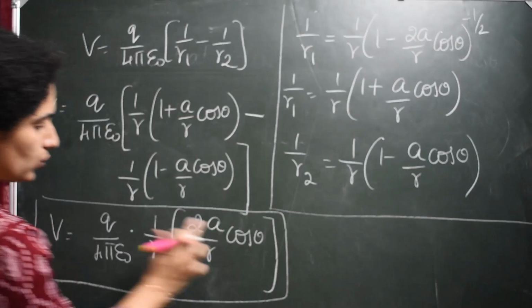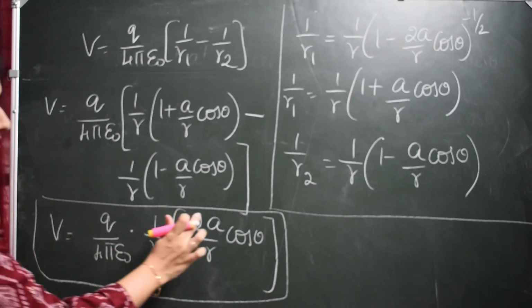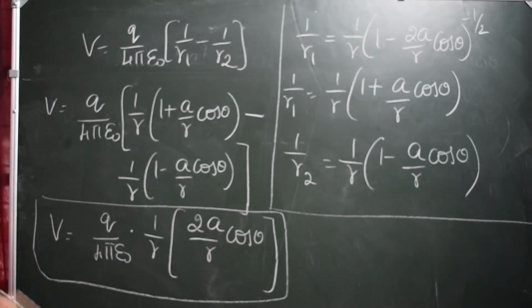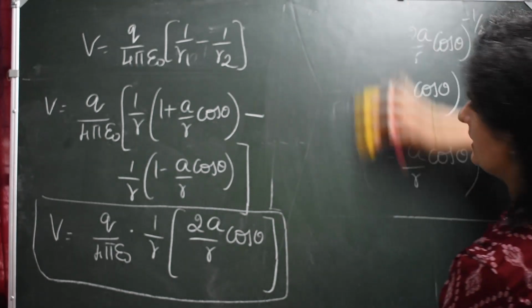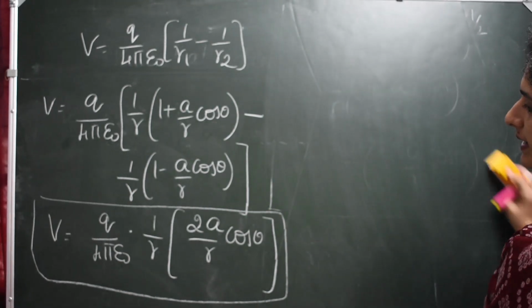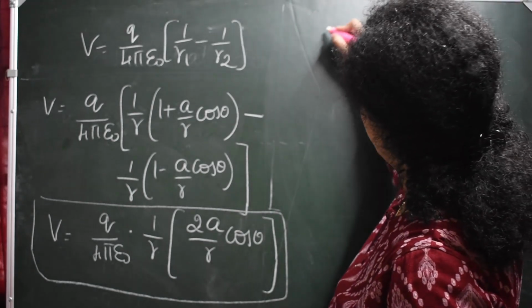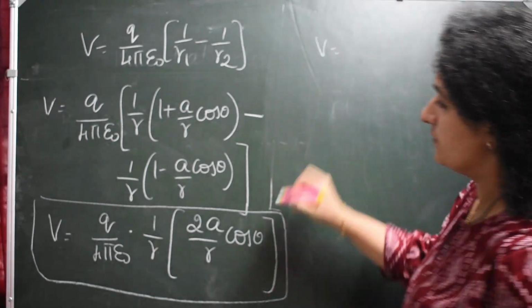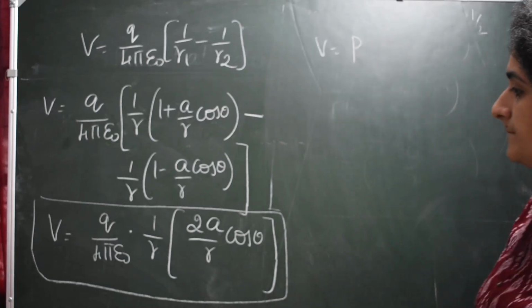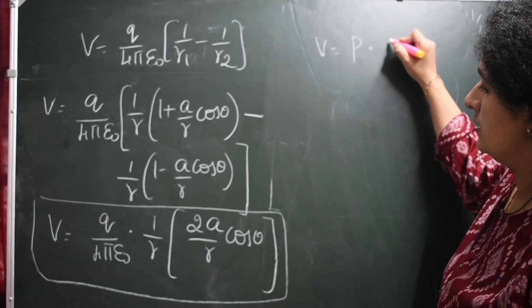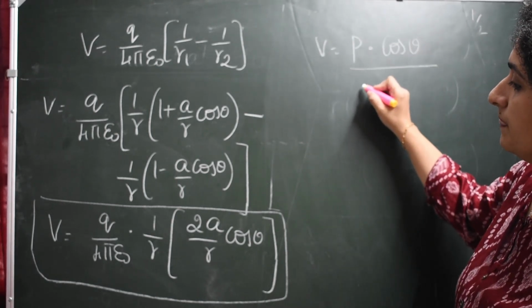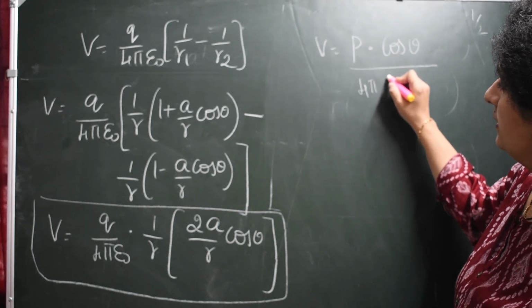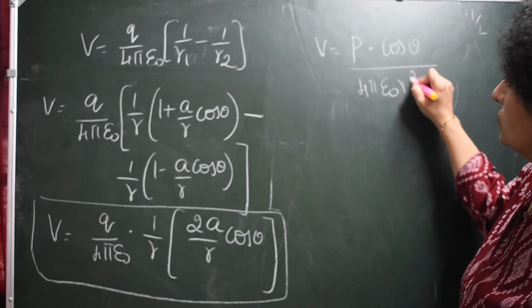2a by r is 2aq. What we can write this 2aq as dipole moment P. So now the equation becomes V is equal to P cos theta divided by 4 pi epsilon naught into r square.